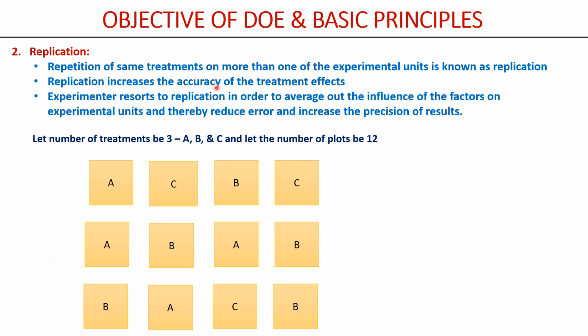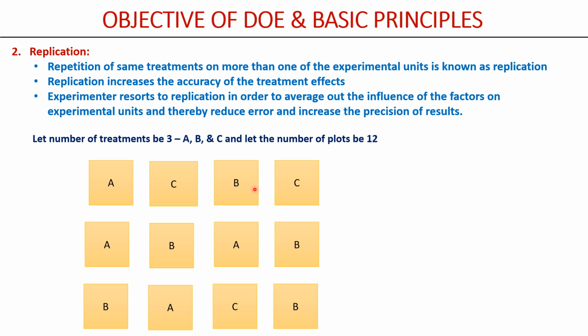Now, the second principle, the most important and interesting one, is replication. When I talk about replication, in English it means repetition. Why do I want to repeat something again and again? Naturally, you would say that when I repeat an experiment, I expect the same result.